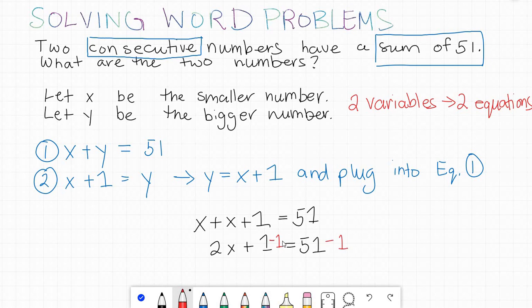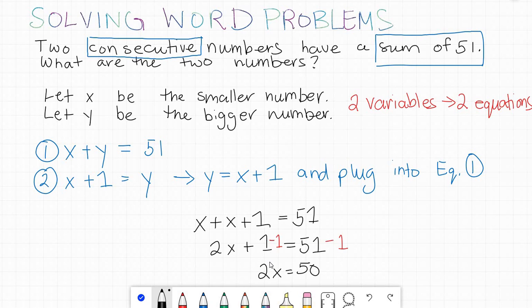Okay, so if you subtract 1 from each side, that'll get rid of the 1 on the left-hand side because it becomes 0. And then you'll have 51 minus 1 on the other side, which gives you 50. So then the next step is 2x, the 1 is gone, is equal to 50. Okay, and finally, I want to isolate for x, so I need to get rid of that number multiplying onto it, the 2.